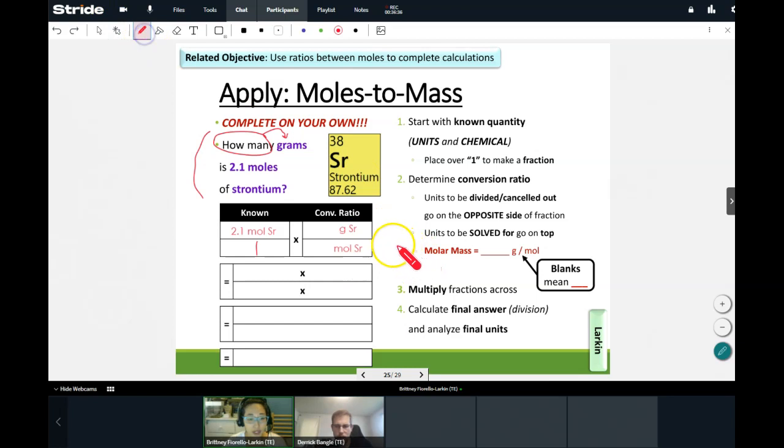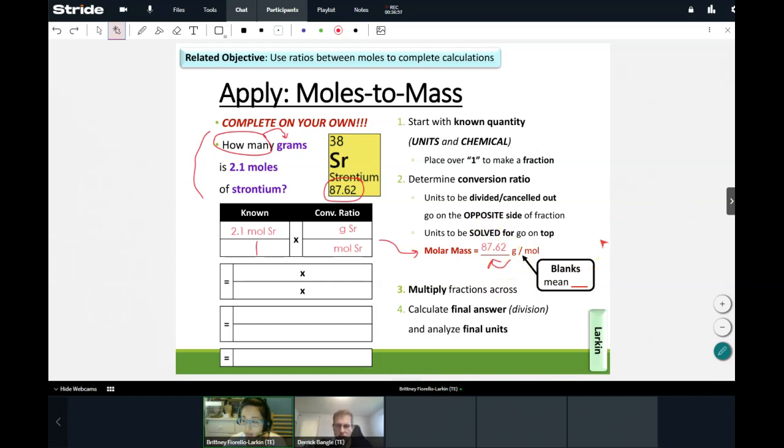Now again, we need to fill this out with something that's standardized or always true, which is the molar mass. Molar mass, remember, is this bottom number for strontium, so that's going to be 87.62. What number should go next to grams on the top of my conversion ratio based on my molar mass?